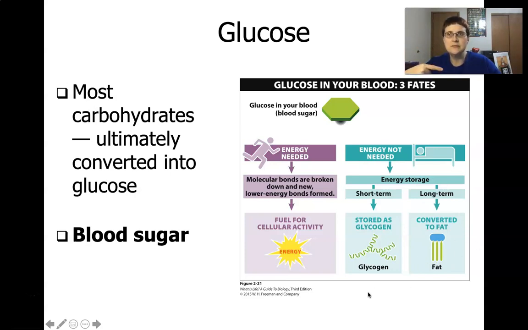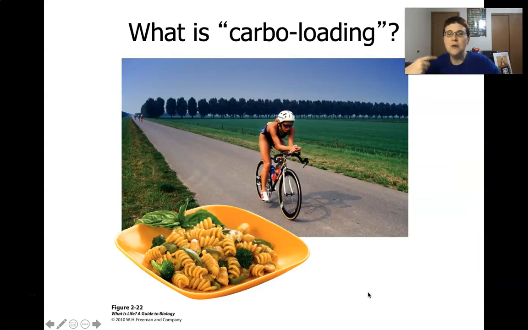All right, so what's carbo-loading then? It has to do with carbohydrates. In the question, tell me what you know about carbo-loading. If you're familiar with it, carbo-loading has to do with eating things like pasta, or something like rice, things like that.